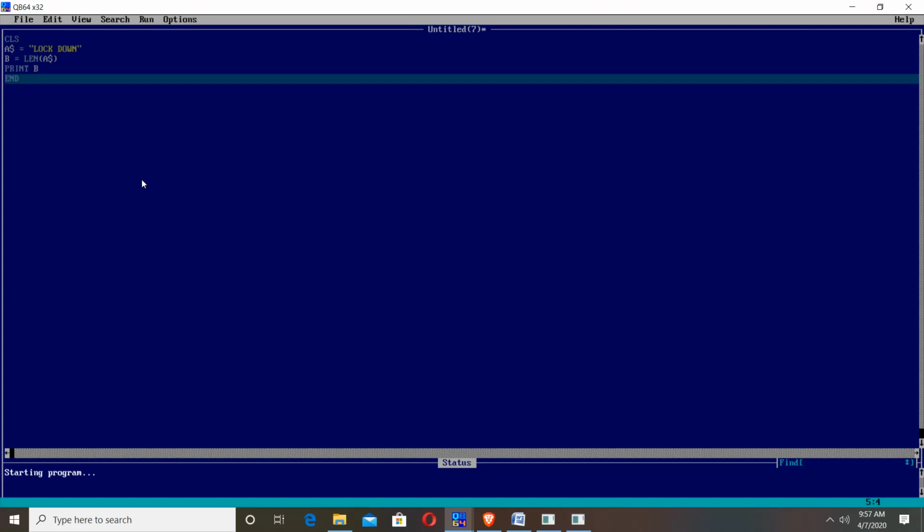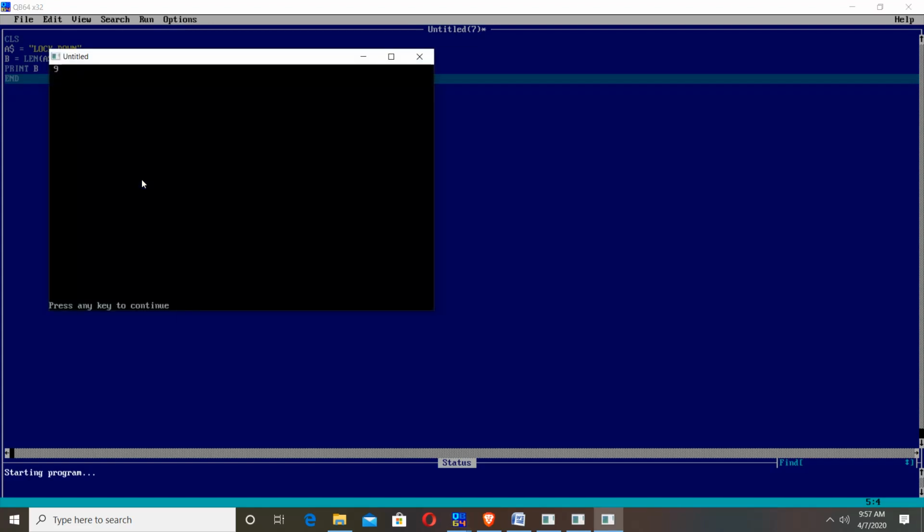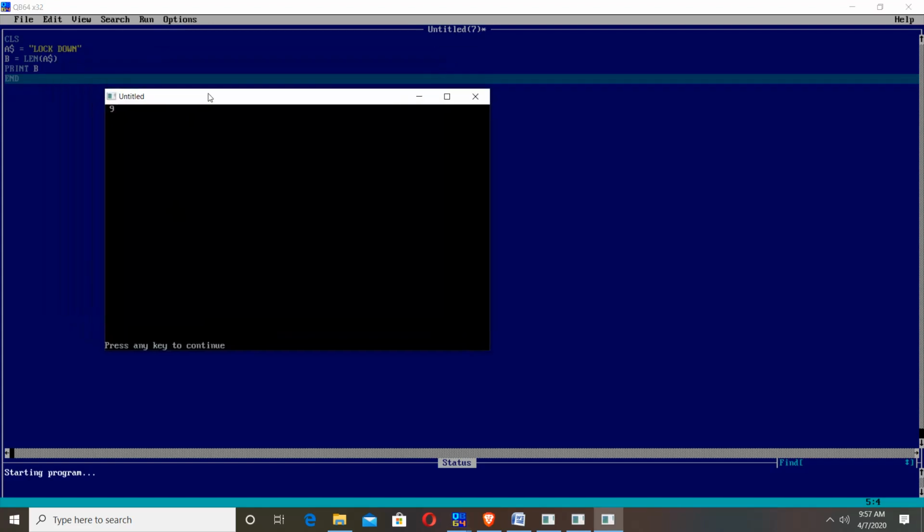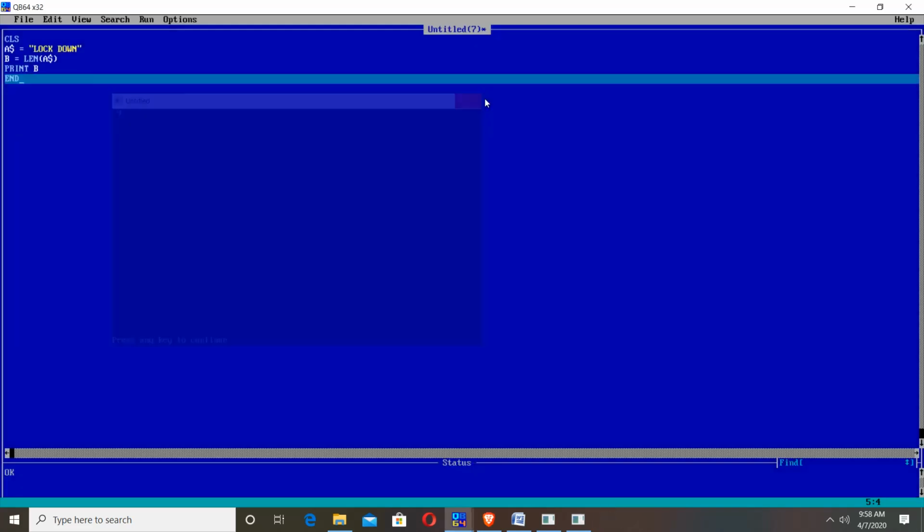It must be 9, so it's 9. Now we can be confirmed that the LEN function is used to find the number of characters and spaces which are used in the given string. And to use the LEN function, we just have to write LEN, after that the string name in brackets.